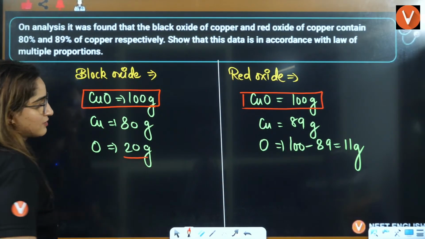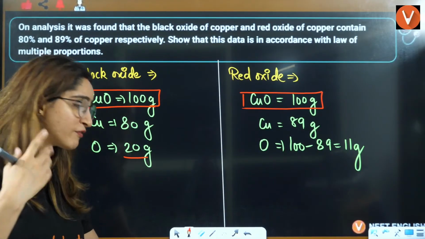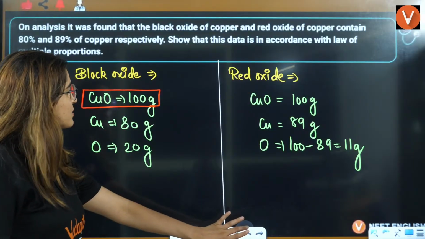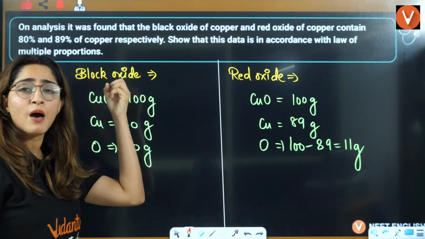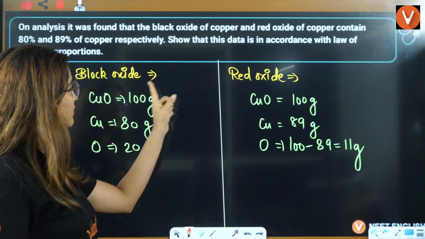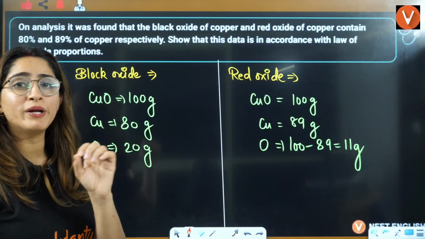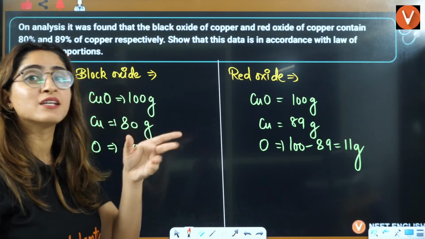If you want to calculate the percent also, you can calculate. But it is visible here that with the same amount, if you take this also as 100, this also as 100, the answer of oxygen is coming out to be different. That means here the oxide is also different.